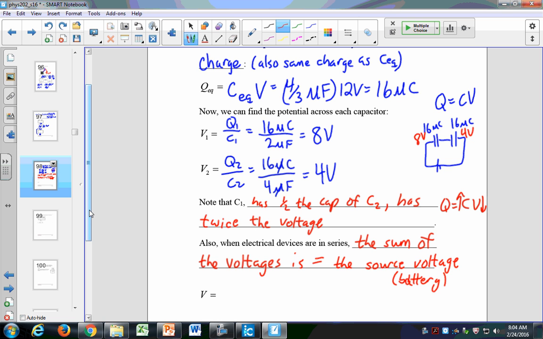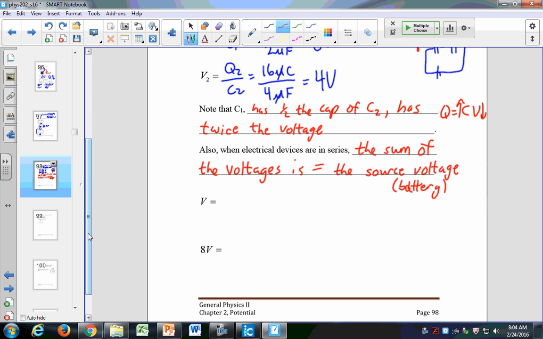But we will see that in more complicated circuits, the source voltage won't be the battery. So V, this is one of our rules, V is equal to V1 plus V2 plus ... Remember, this is called the loop rule. We'll see it again in chapter 4. And so in this case, we had 12 volts is equal to 8 volts plus 4 volts.